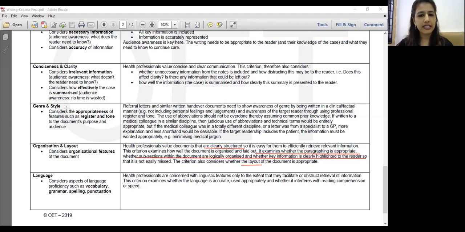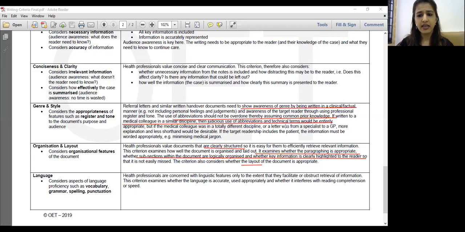Now, what is genre and style? Genre and style again looks at audience awareness. If you're writing to a specialist, it is okay to use certain abbreviations, like when you write HbA1c, FBS. So when you are writing to an endocrinologist, it is appropriate to use them.